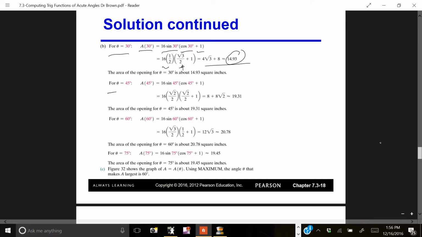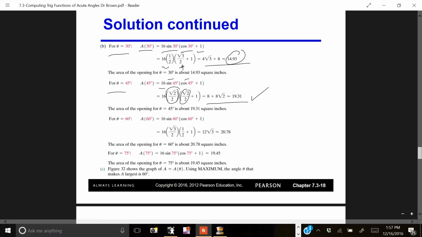Similarly, for theta equal 45 degrees, you get 16 sine of 45 degrees times cosine of 45 degrees plus 1. Sine of 45 degrees is the square root of 2 over 2. Cosine of 45 degrees is the square root of 2 over 2. We add all this up and simplify, put it in our calculator, we get 19.3.